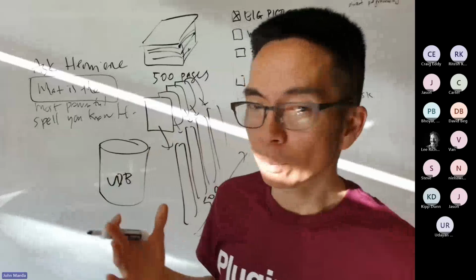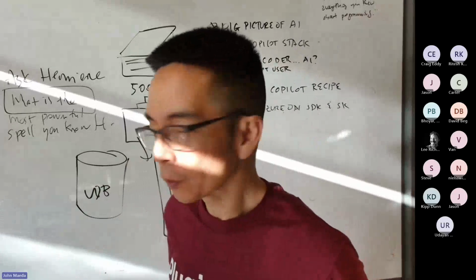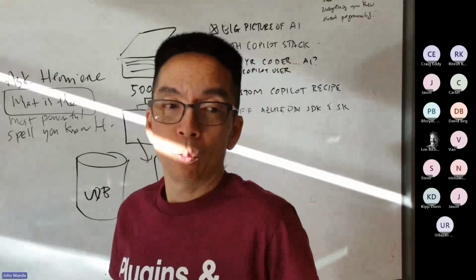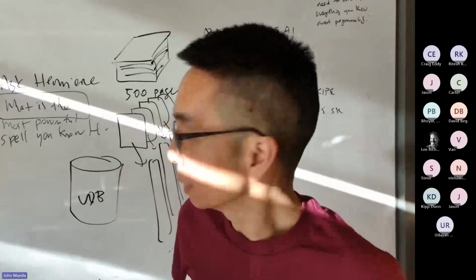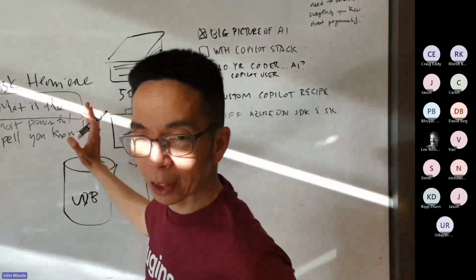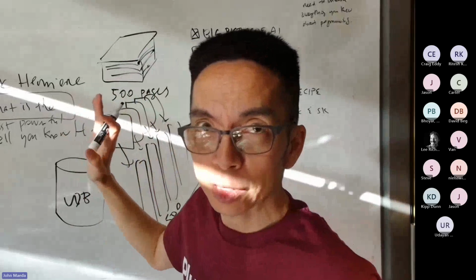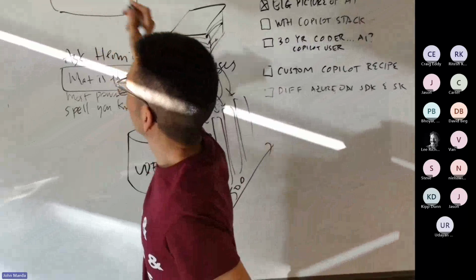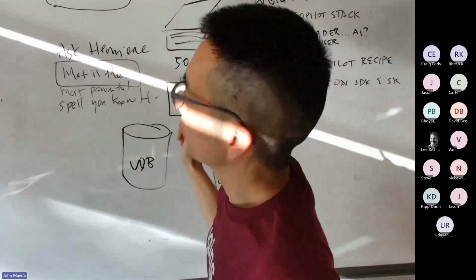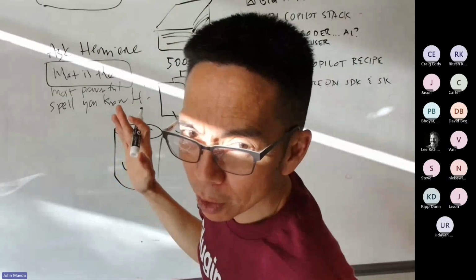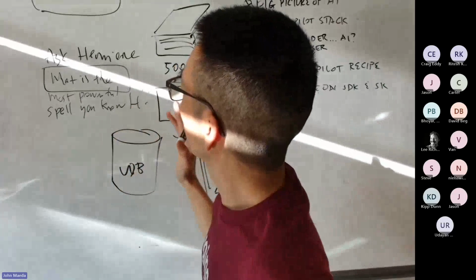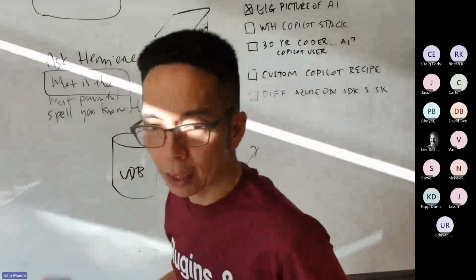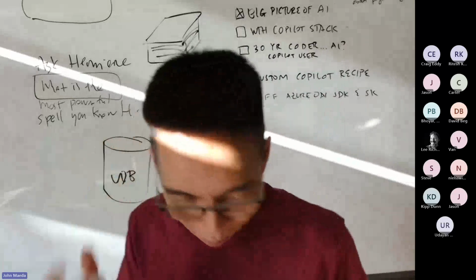Well, what happens is, if I just ask ChatGPT, or just ask the completion model for the answer, assuming it hasn't read all the Harry Potter novels, it's going to say abracadabra. It's going to make it up.